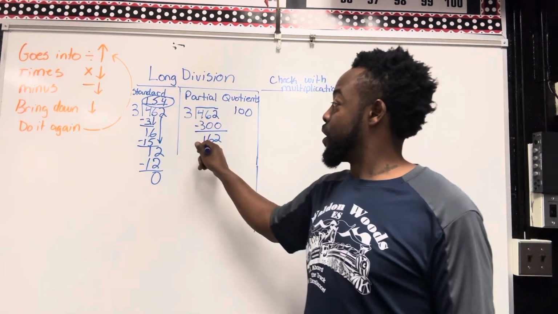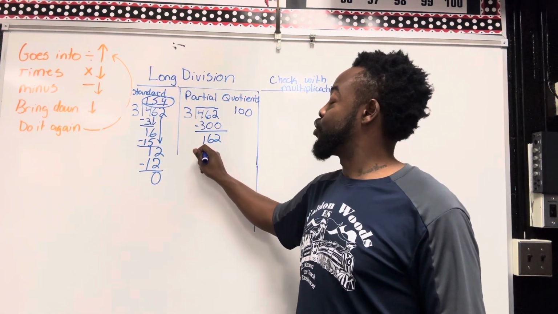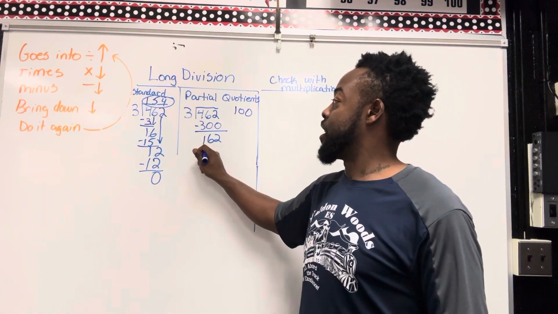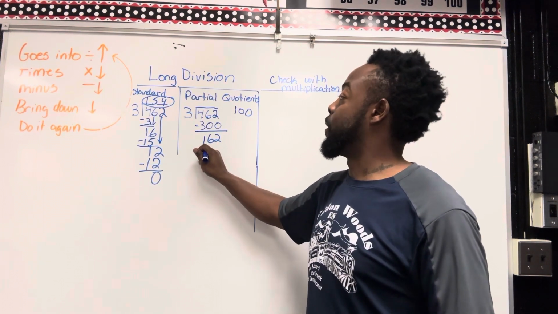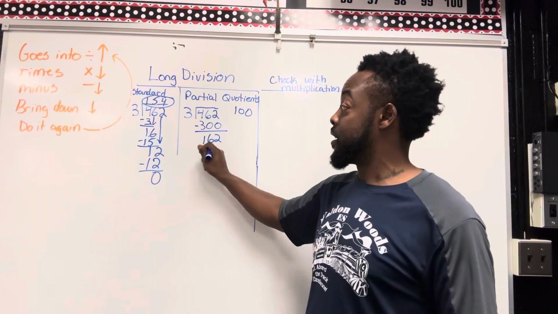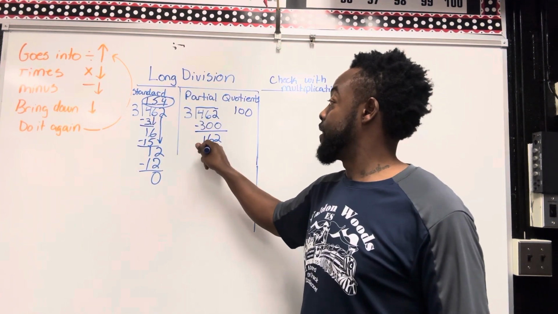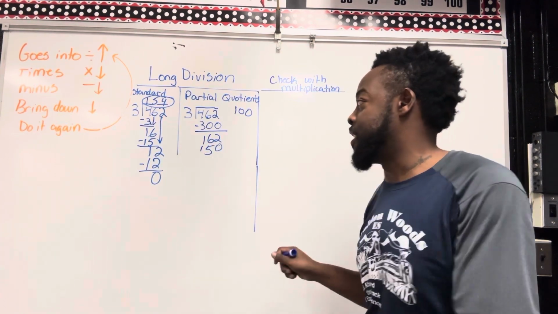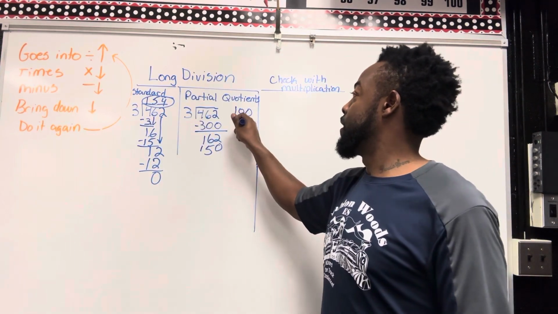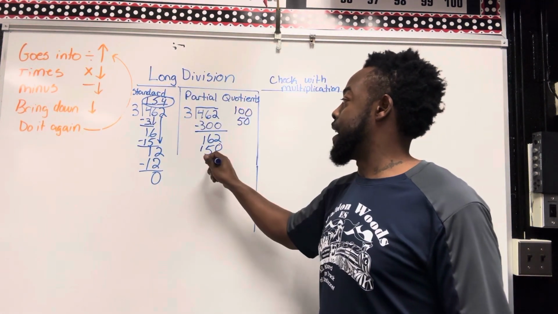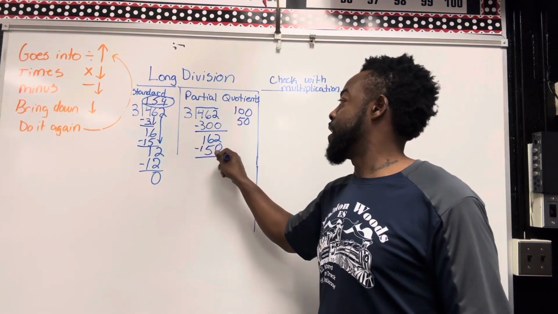Now, what I'm doing now is I'm looking at my first 2 digits this time. And I'm trying to see what's the number that 3 goes into that's close to this? I like 15. All right, but since we're in the hundreds, I got to add a 0 at the end of that. 3 goes into 150, 50 times. Let's take that away.